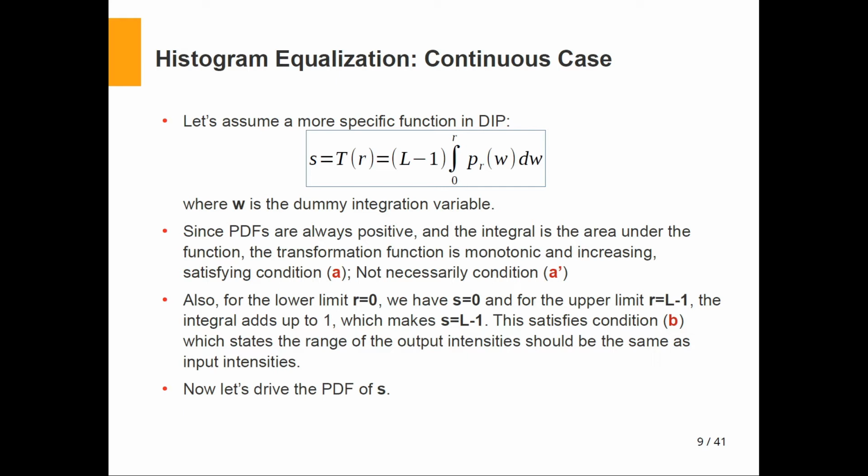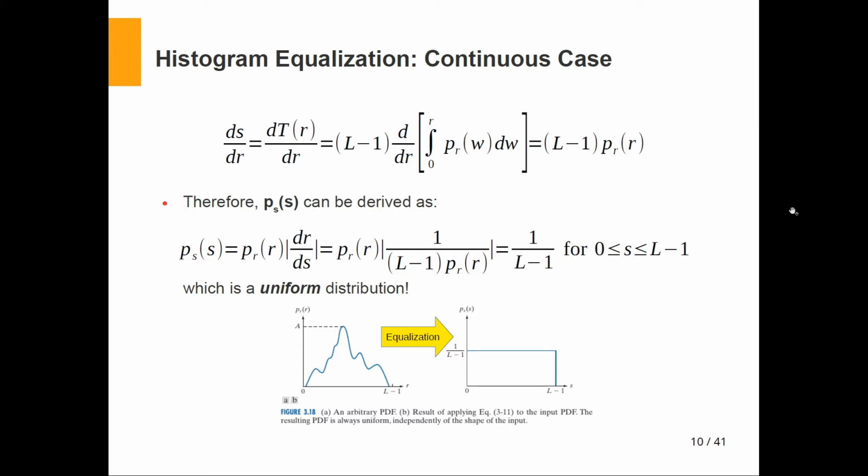Now let's try to derive the PDF of s. To derive the PDF of s, the first thing that we need to calculate is the derivative of s with respect to r. This is pretty straightforward. ds over dr is going to be the derivative of the transformation function with respect to r. In the function that we had, this constant we can take out of the derivative, and then we will have this constant multiplied by the derivative of this integral function with respect to r.